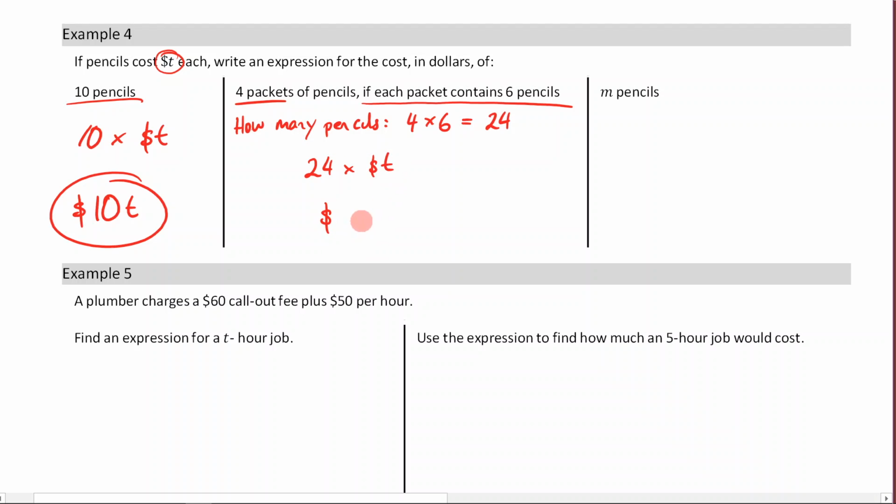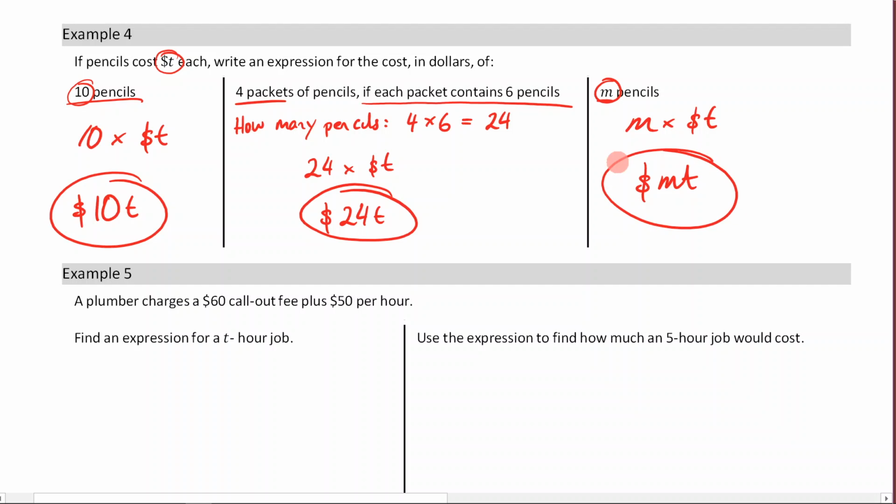So I'm going to end up with 24t as my answer. Next, we've got M pencils. So I'm buying M pencils. So this M represents the amount of pencils it is. So just like we had 10 over here, now we have M. So it's going to be M times $t, which is going to be MT. And that's my answer. Perfect.